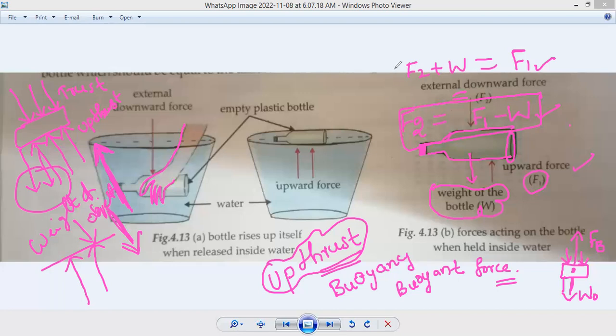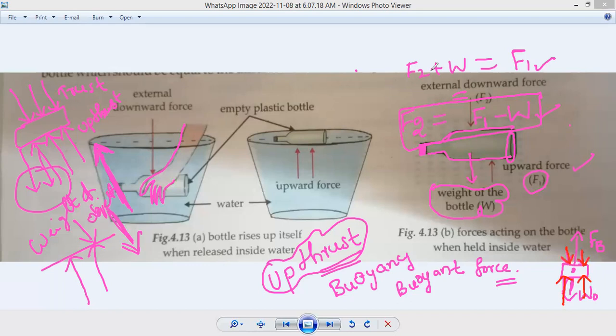So like this you can represent. Buoyancy force is upwards like this, and downwards is the weight of the object. So all of you represent it like this. Is it okay, guys?